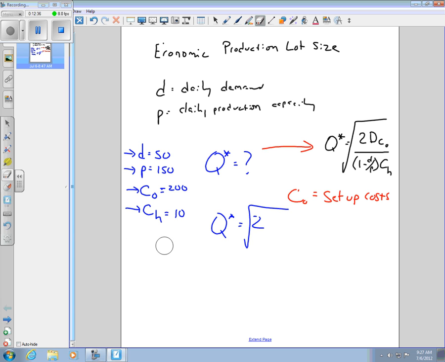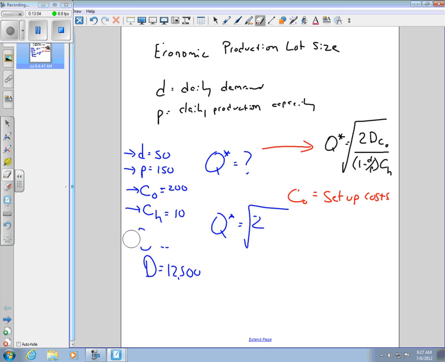Annual demand would be a function of daily demand. Let's say I operate 250 days per year. So annual demand would equal 250 times 50, which is 12,500.